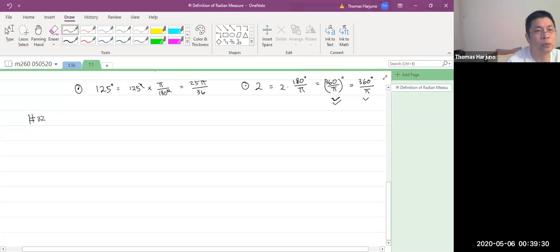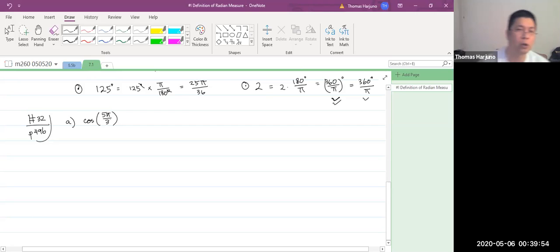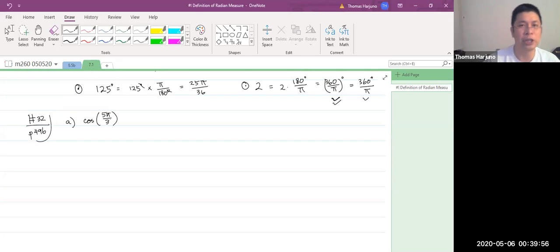Number 32, that's on page 496, part A: cosine 5 pi over 3. Now you may say, oh Thomas, can I convert that to degrees first? You can, but I myself will not.